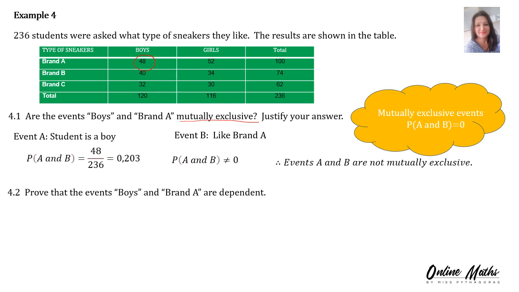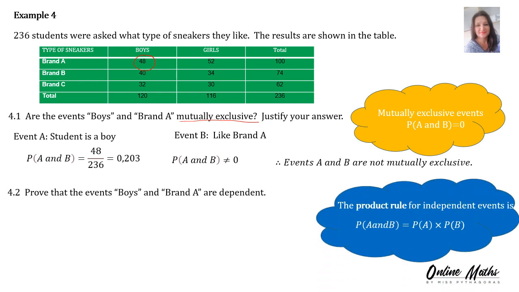4.2. Prove that the events boys and brand A are dependent. We've got the product rule for independent events: probability A and B is equal to probability A times probability B. So let's work it out.